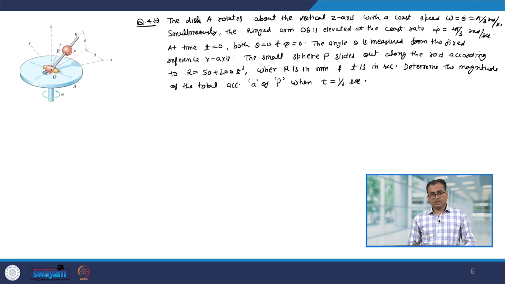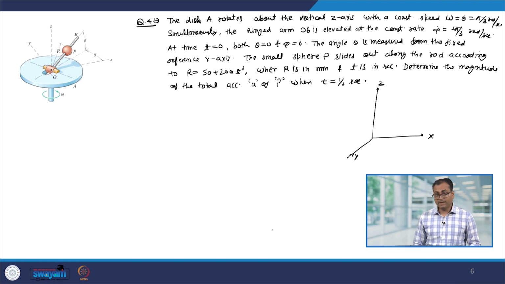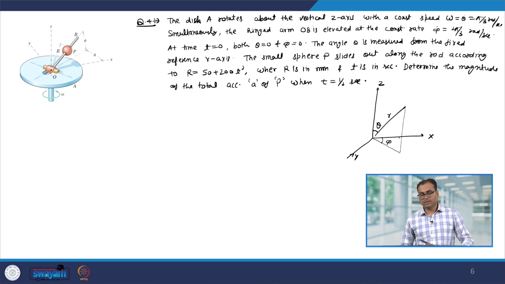So, the obvious choice to solve this question is the spherical polar coordinate. In spherical polar coordinate you have the x, y and z, and some vector r. It makes an angle theta from the z axis and its projection on the xy plane makes an angle phi from the x axis.